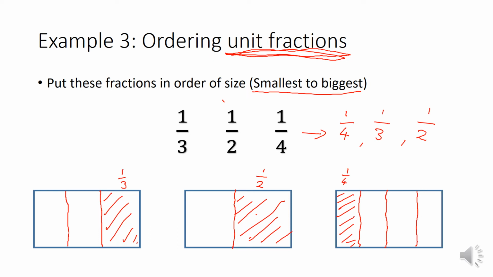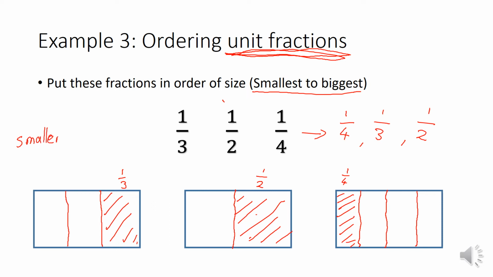So the rule for this is if it's 1 for the top of all of them, so we've got 1/3, 1/2, 1/4, what that means is we look for the smallest number. So smaller denominator, bigger fraction.